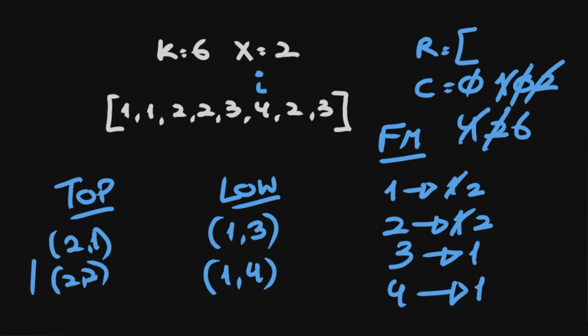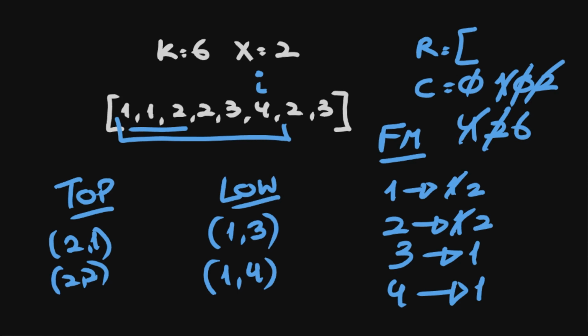So here we have 2 elements and x is 2, so we can't add anything, but maybe we can swap elements. But the answer is we can't. Why? Well, because the last element here has a frequency of 1 and the first element here has a frequency of 2. So we keep this as it is, and now the result of this subproblem is 6.